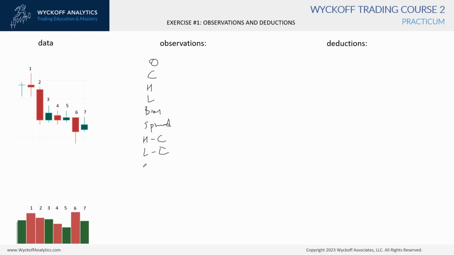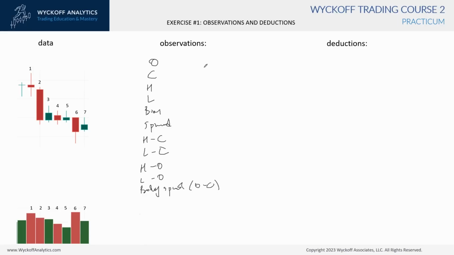We could have the information between the high and the open, and then the low and the open as well. So already there are quite a lot of primary data. Maybe the body of the spread, so this would be the difference between the open and close itself.